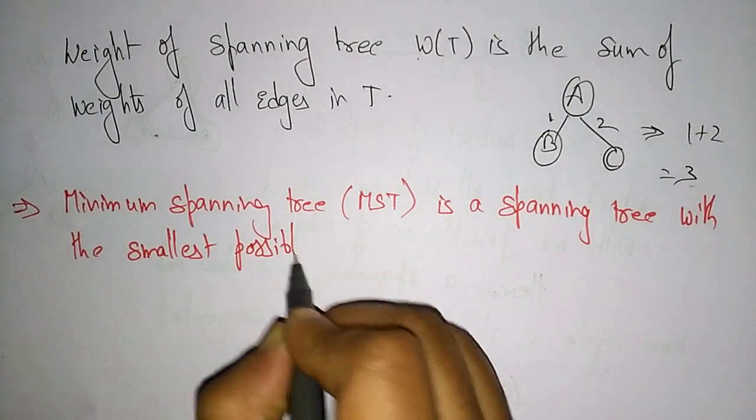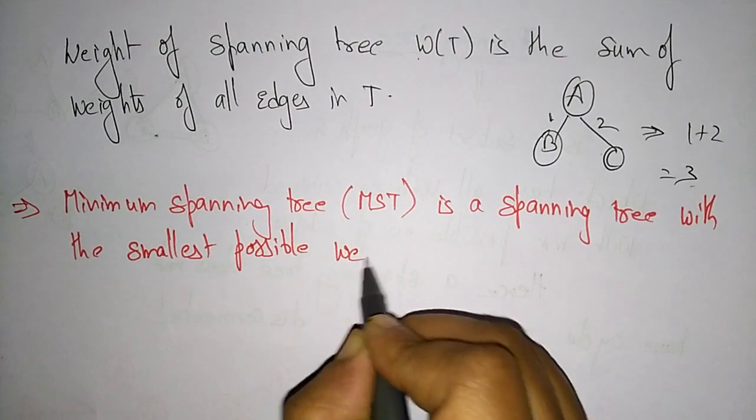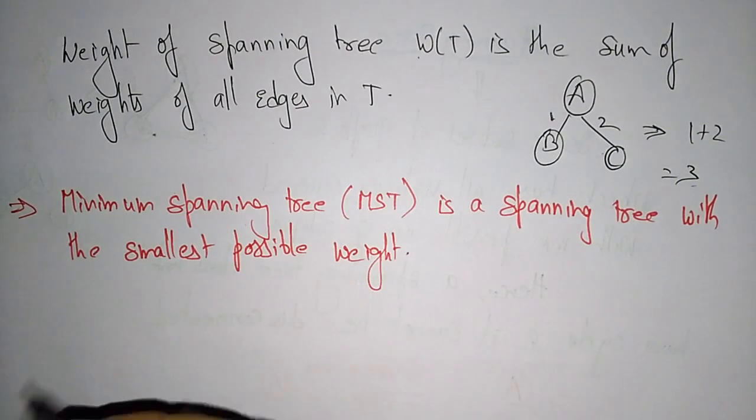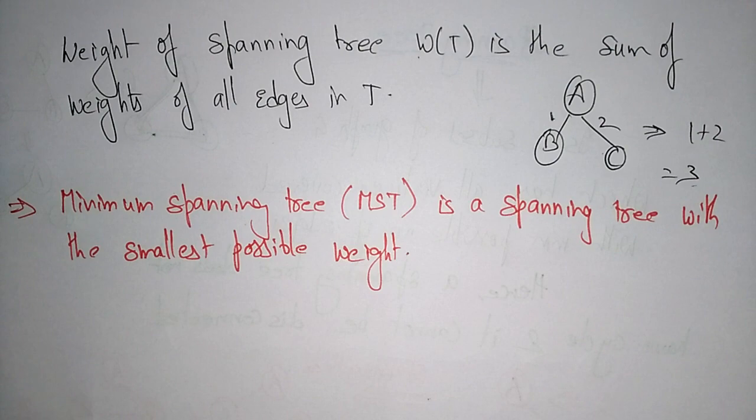So we have to select the smallest edges, the smallest possible weight in the tree. The edges having the smallest weight should connect all the vertices. That is the condition for the minimum spanning tree. So we have to select the smallest path.